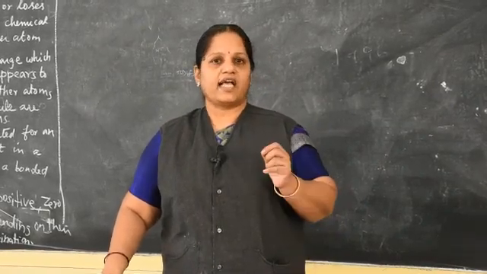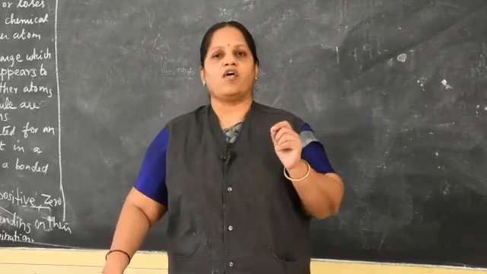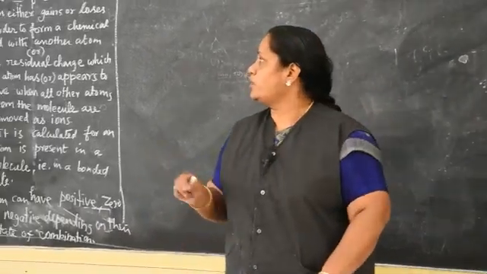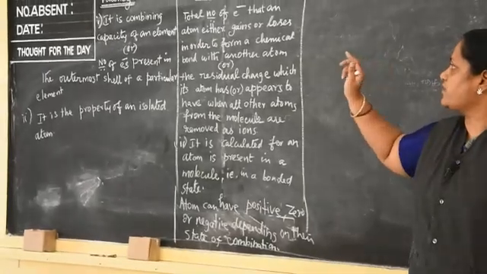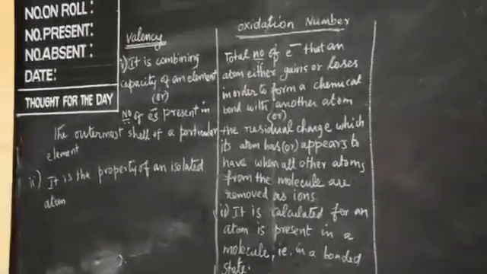In the last class, I discussed the filling of electrons in the orbitals of any atom. In that, we wanted to know what valency is, and in this class we discuss valency and oxidation number.